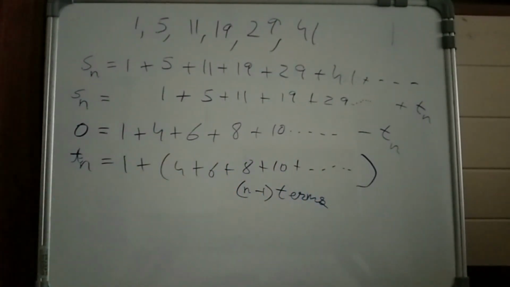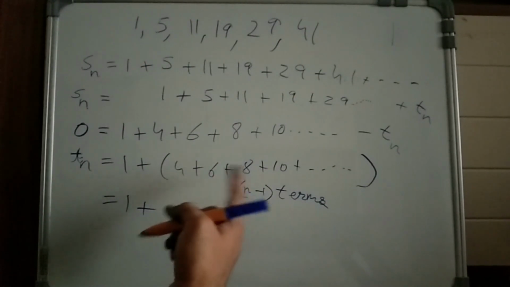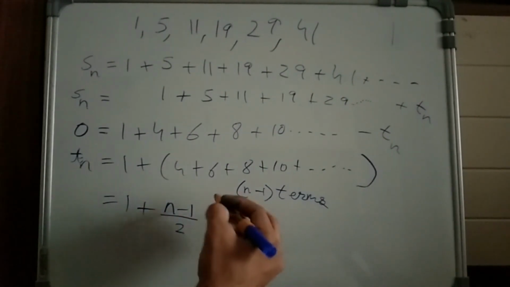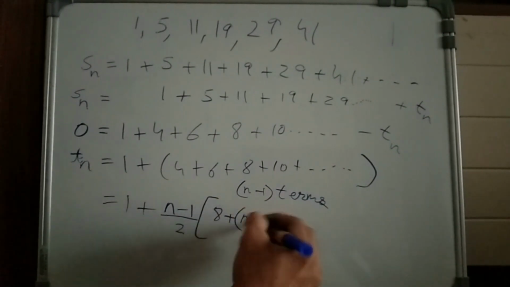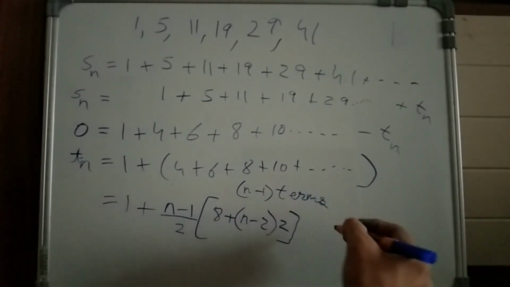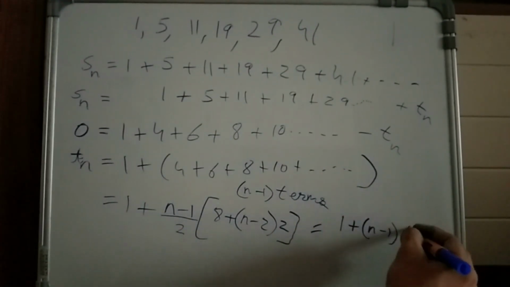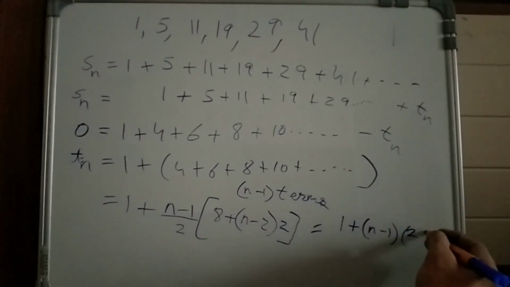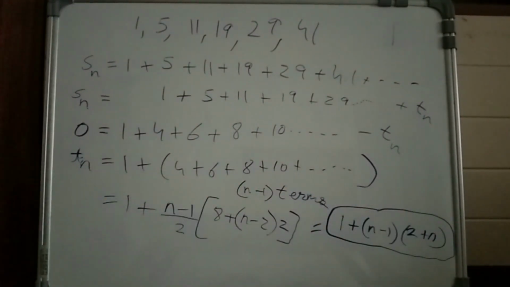So what I can write from here is 1 plus, I can easily apply the sum of AP over here. If I apply the sum of AP, n minus 1 by 2, into 8 plus n minus 2 into 2. So I will get 1 plus n minus 1, 2 plus n. I have just applied the sum of AP in this bracket, and I got this.